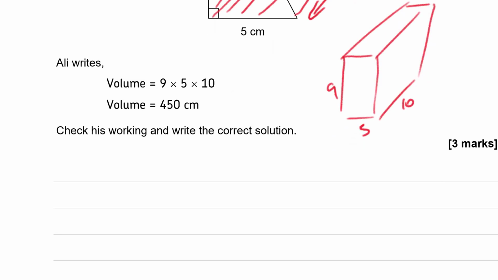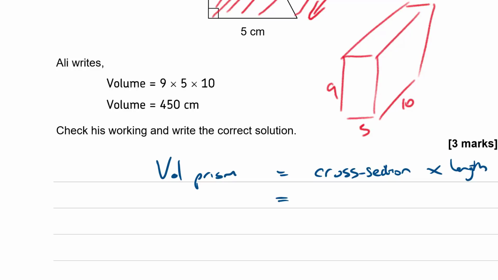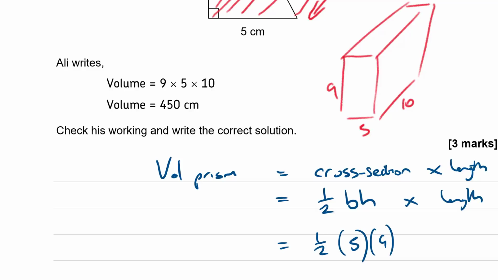So the volume of a prism equals cross section times the length, which is a half base height times, well, the length of the prism. And in this case, that's going to be a half times 5 times 9 times 10.